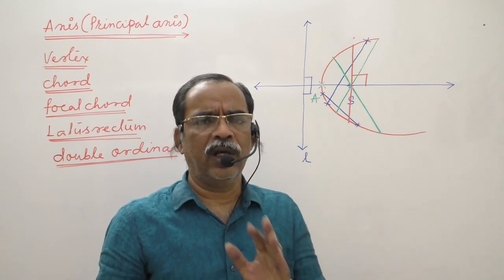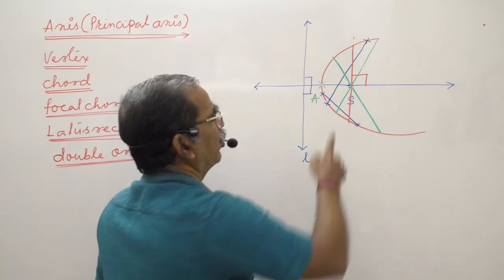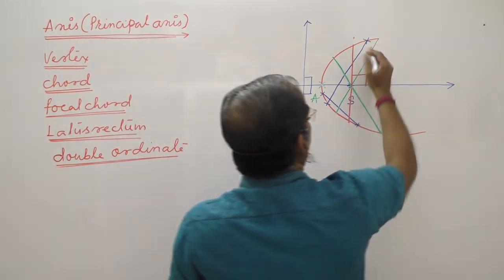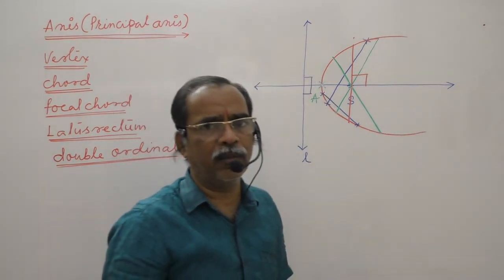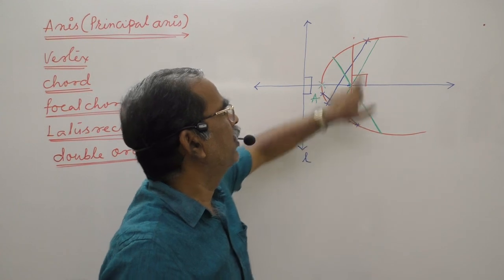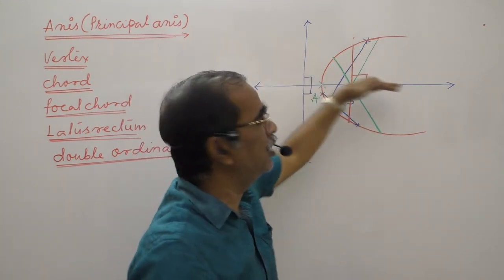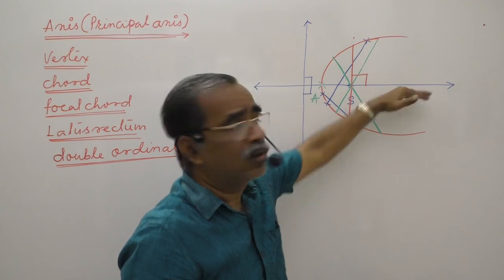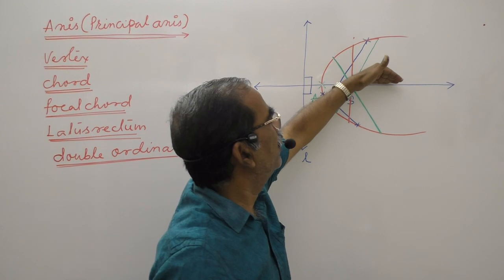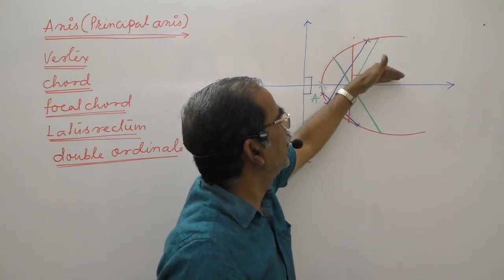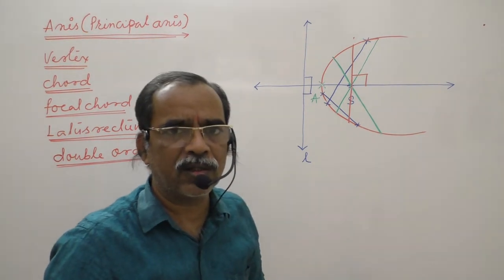For example, if you take this curve, this is a rough figure I took for our convenience to understand better. It is always symmetric about its axis. This line is the axis, no? Therefore, it is symmetric about its axis. So it will have the same distance above the axis and below the axis.